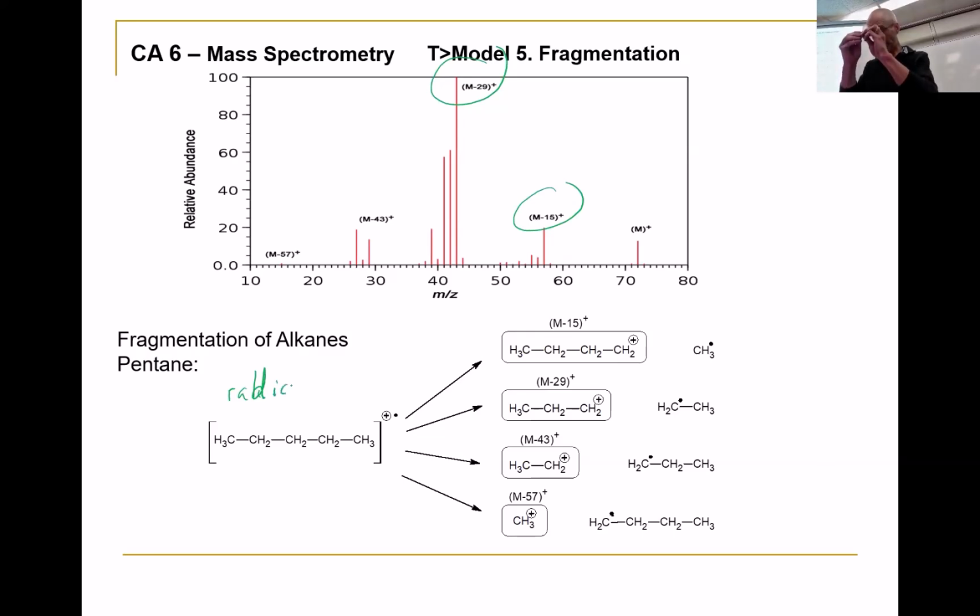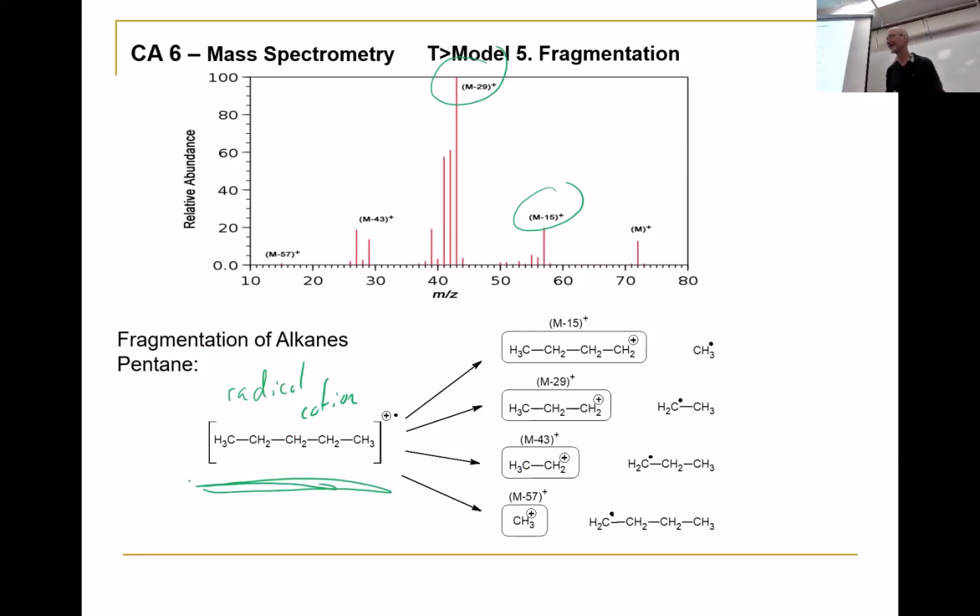I don't like how I wrote that, so let me do that again. We start from the radical cation. Again, I'm sorry about harping on this, but I ask students in assignments or tests to do the fragmentation pattern, and students will write the molecule. No, you have to start with the radical cation. And then what results from this kind of fragmentation, remember, what we detect are the positively charged particles.